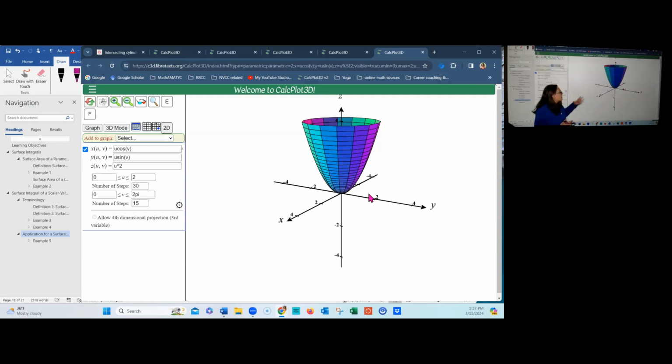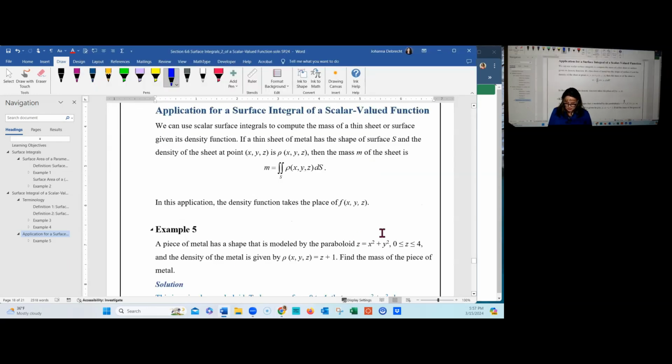Now, in order to be on the paraboloid, you have to be on a circle of some radius between 0 and 2, which means that if you're on the circle, then the x and y values have to be identical, so x squared plus y squared could be replaced with 2x squared or 2y squared.